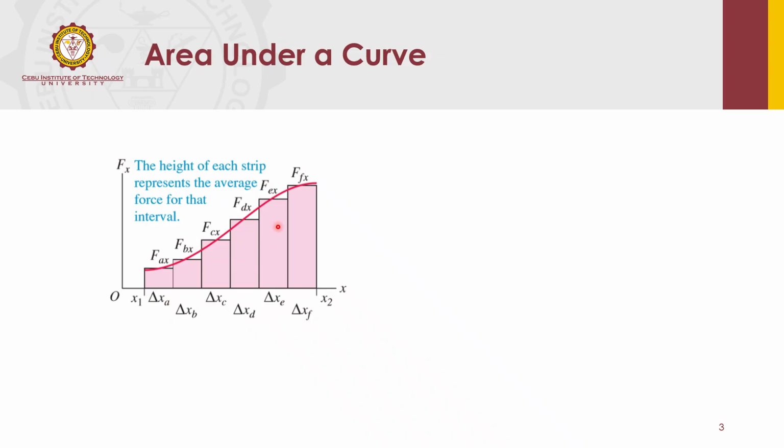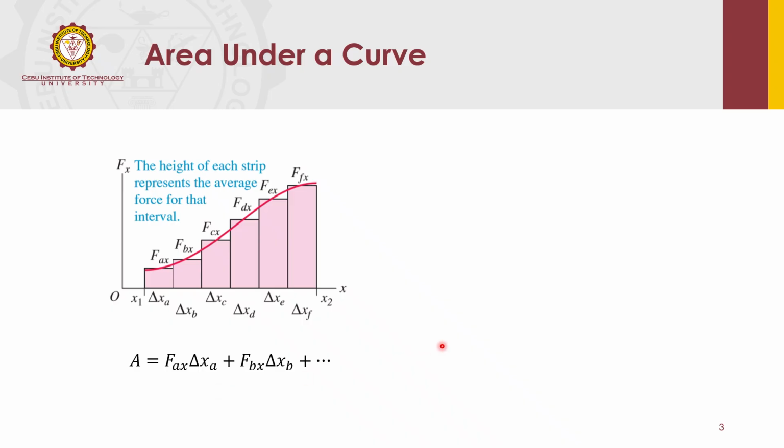But as you can see, there are spaces that are not included. So if we add all the strips' areas, we get an inexact value of the work done on the object.